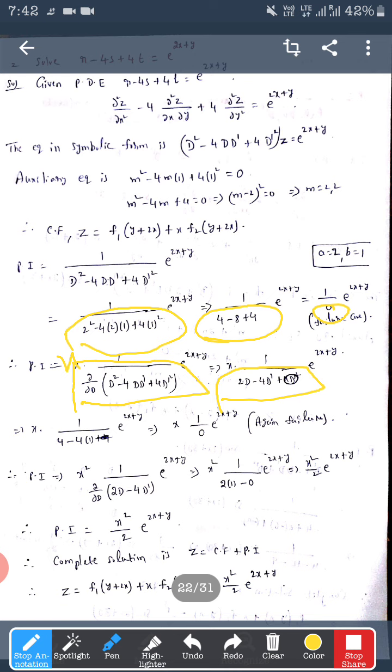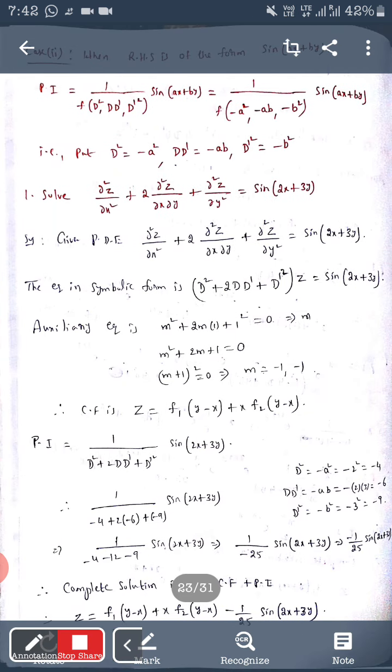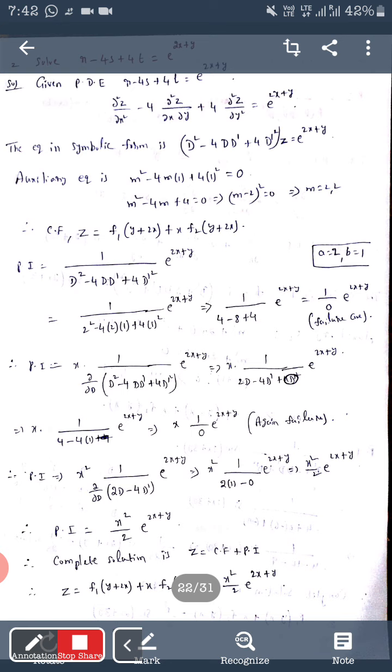That means in place of D, writing a, and in place of D dash, writing b, and again repeating the procedure until we get the solution. So this is the procedure for finding PI whenever the right hand side is e power of ax plus by. Next, we go for another method.